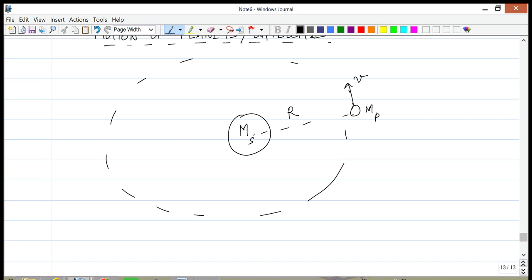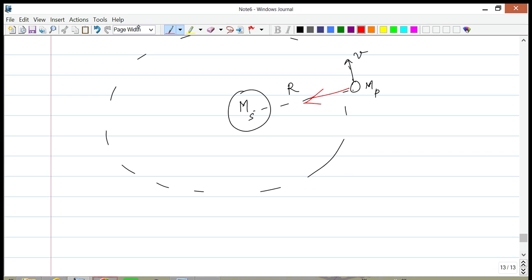In this case, the centripetal force on the planet is pointing towards the center of the star, and we know what that force is. It is gravity between the two objects that is pulling the planet towards the star, and that is what is keeping the planet in its circular orbit. Without that gravity, the planet would simply move along the tangent.